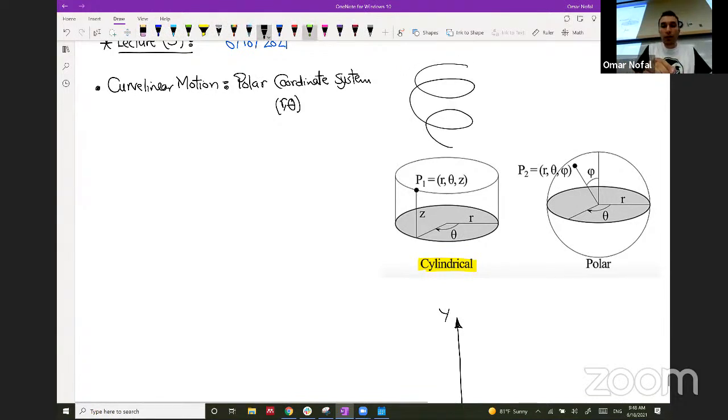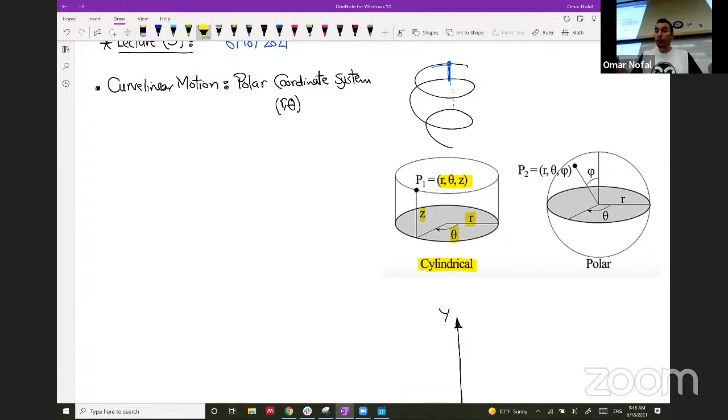So the particle is moving on a circle, but the Z keeps changing. So we best use the cylindrical coordinate system, which is described by R, the radius of the circle, and theta, and then the Z.